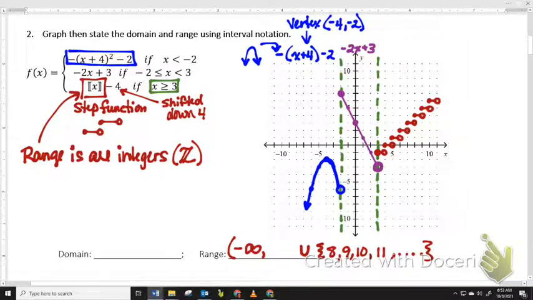Do I have an output value of negative 2 over here? No. Yeah, on that linear function, I have an output value of negative 2. And I can follow that up to where? 7. Up to 7. So from negative infinity to 7, there's an output value everywhere in between there.